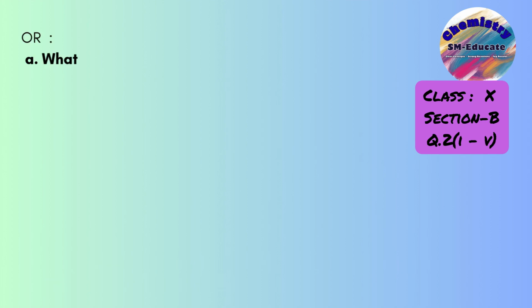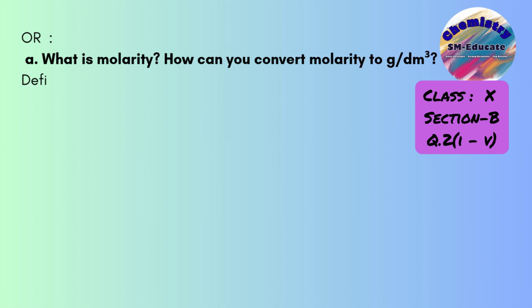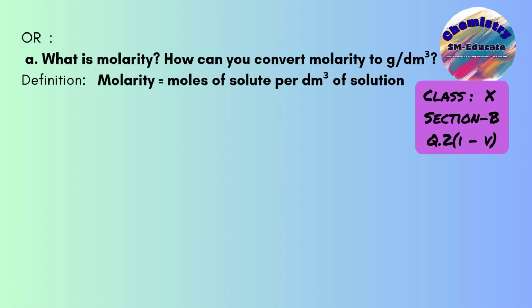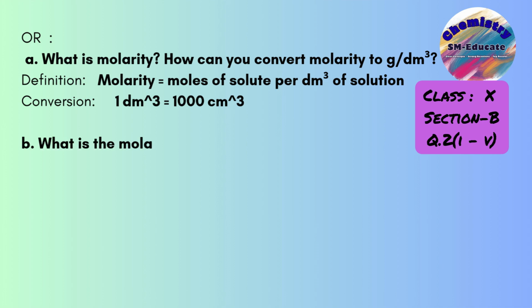A. What is molarity? How can you convert molarity to gram per cubic decimeter? Definition: molarity equals moles of solute per cubic decimeter of solution. Conversion: 1 cubic decimeter equals 1000 cc. B. What is the molarity of a solution made by dissolving 98 grams of hydrogen sulfate in 1 cubic decimeter of water?